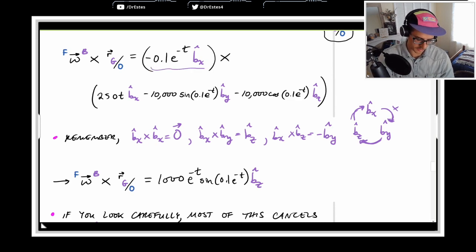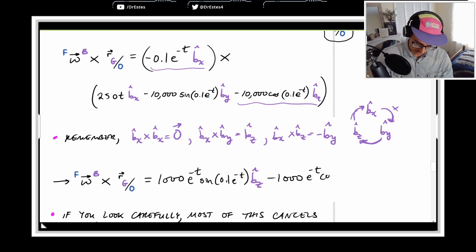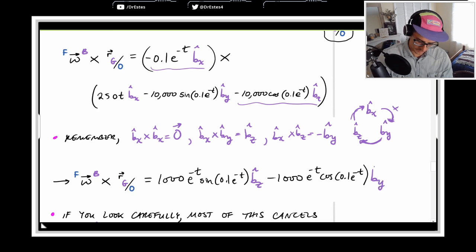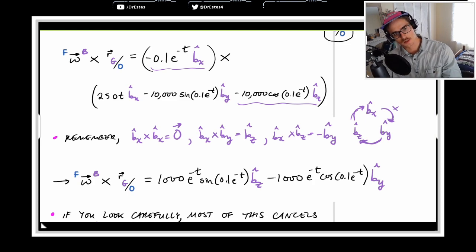Now I'm going to cross this BX term with this BZ term. So BX cross BZ is going to be a minus BY. And we already have these two minus signs, so it adds a third. So overall, it's going to be negative. So this is going to be minus 1,000 e to the minus t cosine 0.1 e to the minus t by. So we're doing the transport theorem, and this is the cross product portion that we get.